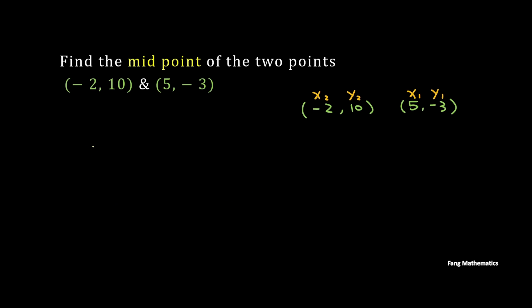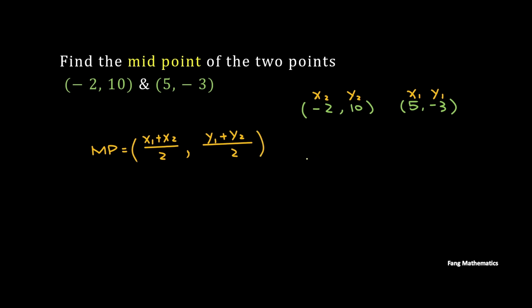Recall your formula. So midpoint is the average of the two x and y values. Correspondingly, you have x1 plus x2, everything over 2, comma, y1 plus y2, everything over 2 in coordinate.